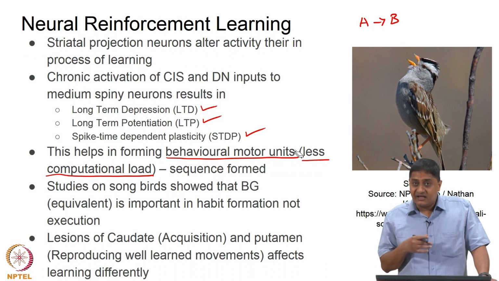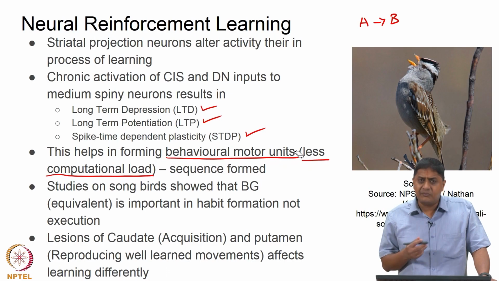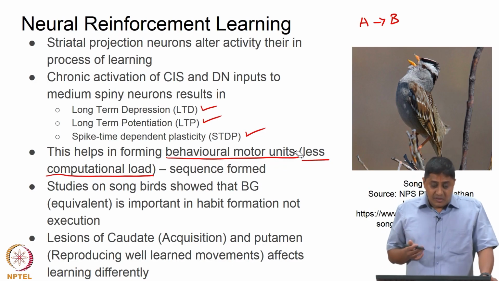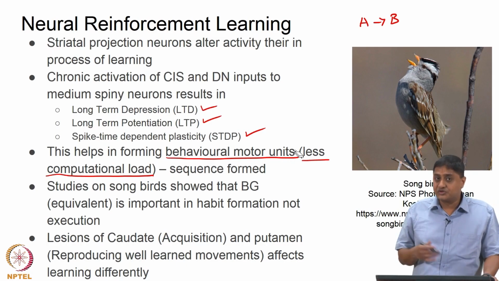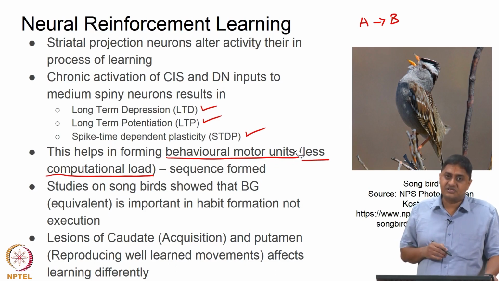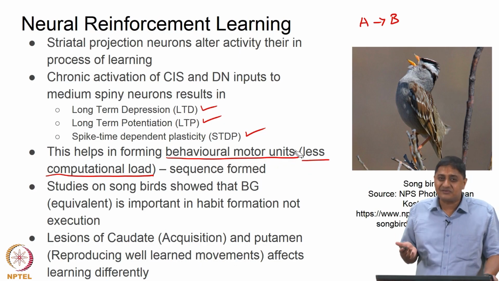Even after releasing this temporary lesioning, the bird is not able to learn. But suppose the bird has already learnt the songs during its crucial learning period, and that period is over, then knocking out these structures does not affect performance.